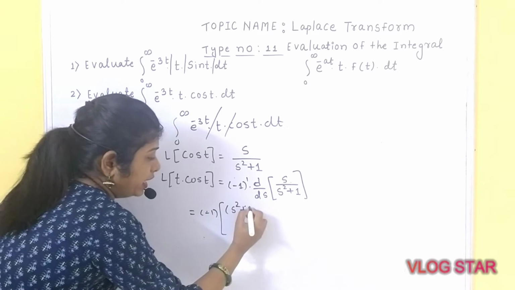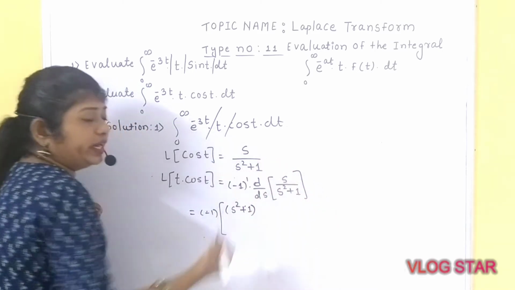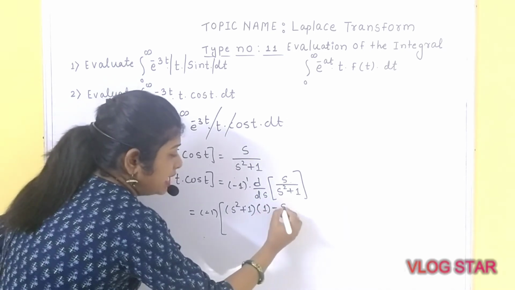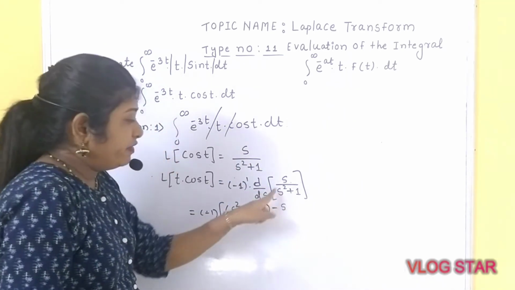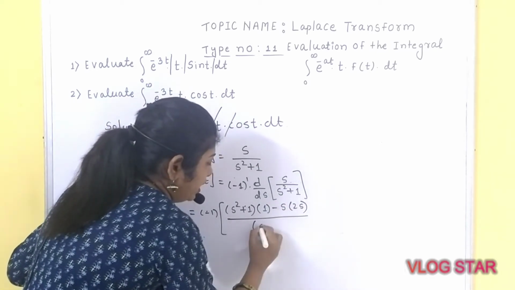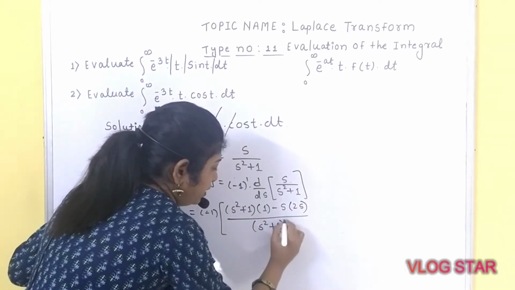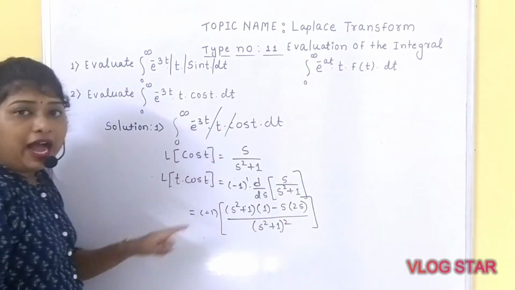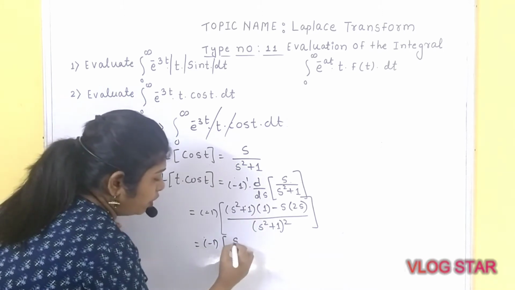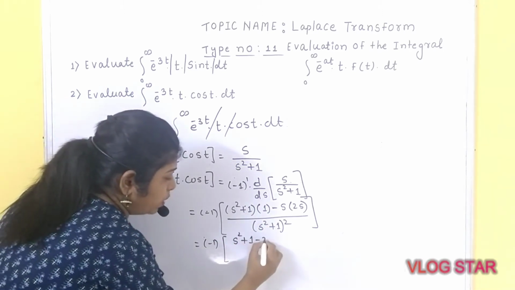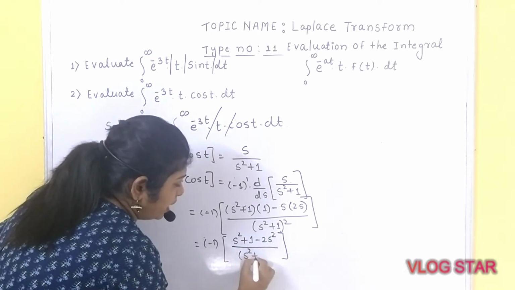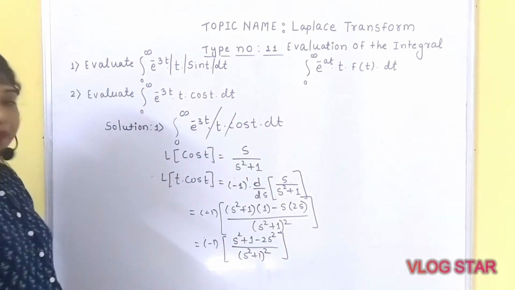V as it is into derivatives of this particular term with respect to s is 1 minus s as it is into derivatives of this is 2s plus 0 upon s square plus 1 whole square. After this step, you need to write, you have to open the bracket, what you will get? S square plus 1 minus 2s square upon s square plus 1 whole square.